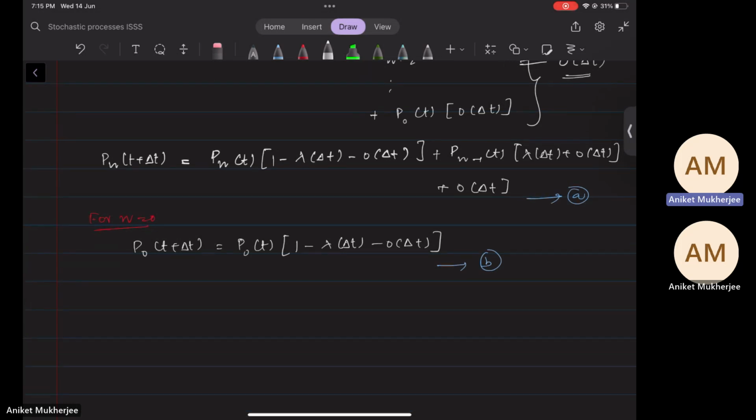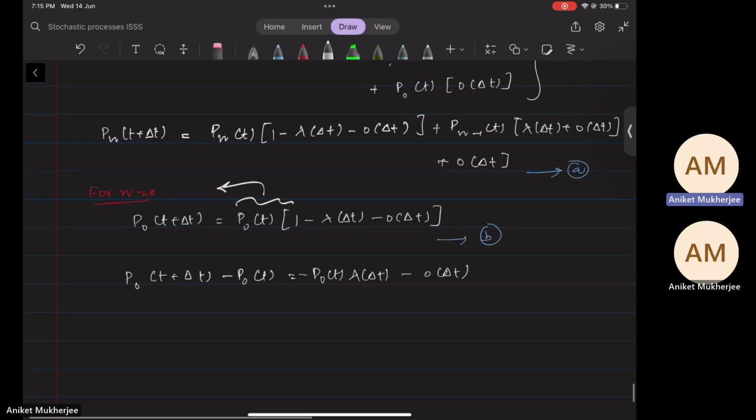Rewriting b and a, first I'll rewrite b. I bring this term to the right: p 0 t plus delta t minus p 0 t is equal to p 0 t into minus lambda delta t minus order of delta t.